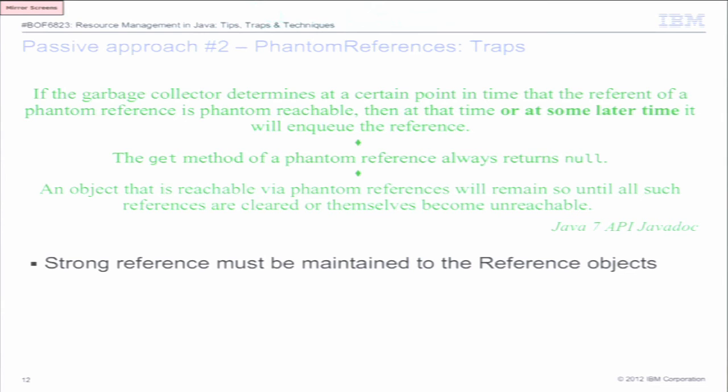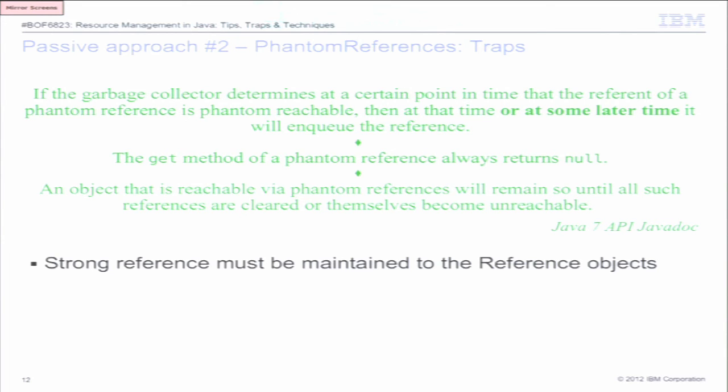So just because you created a phantom reference object saying I want it to be posted onto this reference queue when the associated object that it's referring to becomes eligible for garbage collection, nevertheless, if the phantom reference object itself gets garbage collected, then you don't get any notification at all.